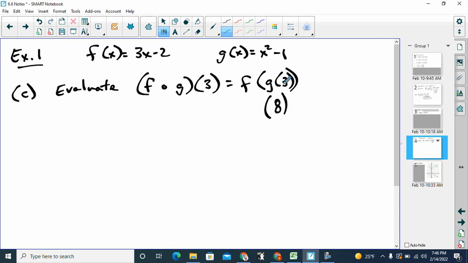So I am replacing g(3) with what it's equal to, 8. Now it asks us to evaluate f(8). f(8) means go to f(x), plug in 8 for your x. 24 minus 2 gives us 22.